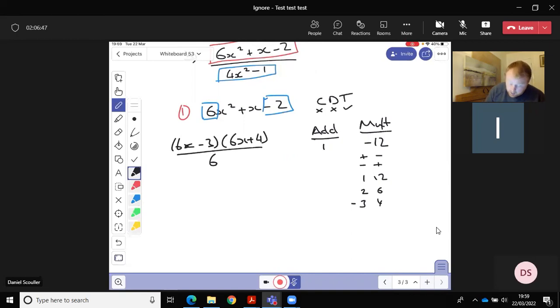Then we're tidying that up by taking out common factors. Taking out a common factor there, taking out a common factor there, 3x.